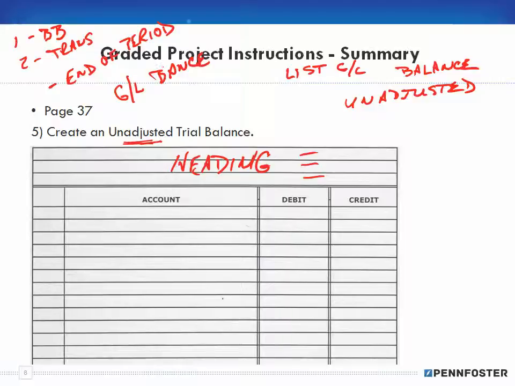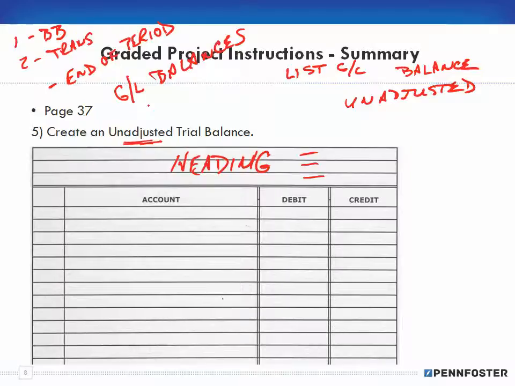I should spell balances correctly here. Balances in them, okay? But we don't know if those balances are correct or not. Maybe a mistake was made. There are also adjusting journal entries for accounts that are affected, but nothing was there to trigger the posting of those journal entries.